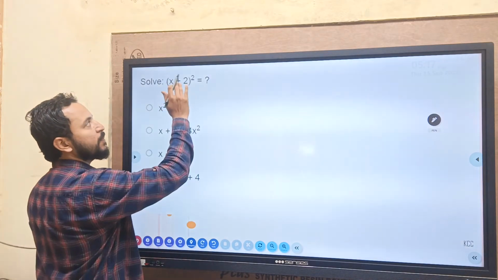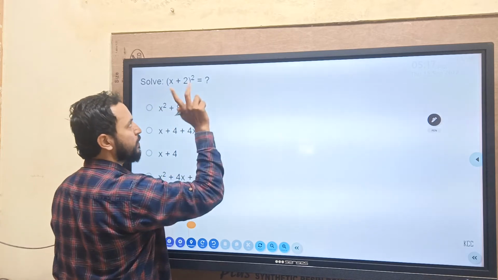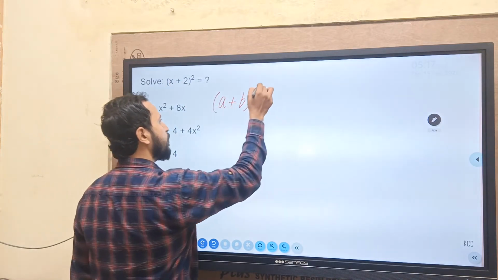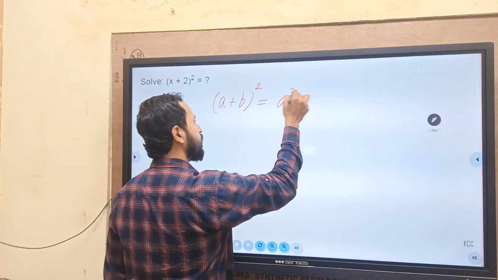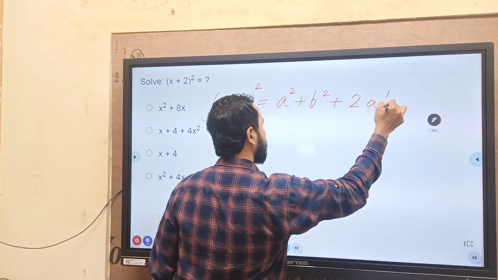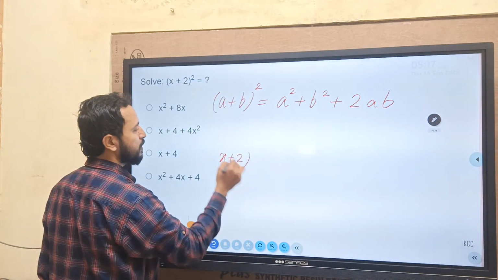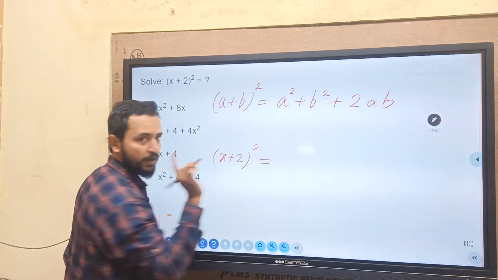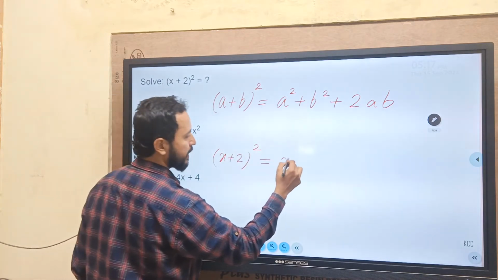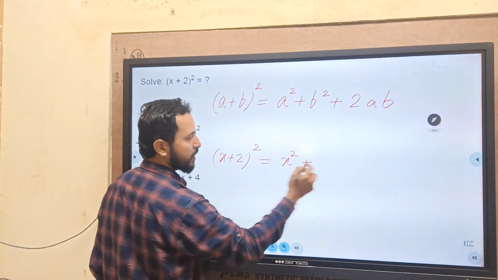Next question is a plus b the whole square. Remember this formula. Two formulas I will tell you. A plus b the whole square is basically a square plus b square plus 2ab. So what is the question asked? X plus 2 the whole square. First square the first number, x square, then square the second number, 2 square.